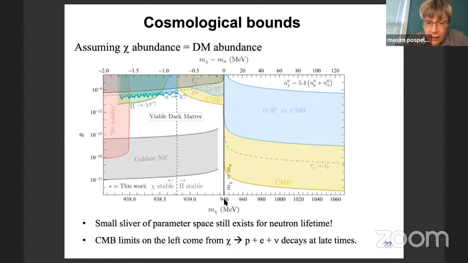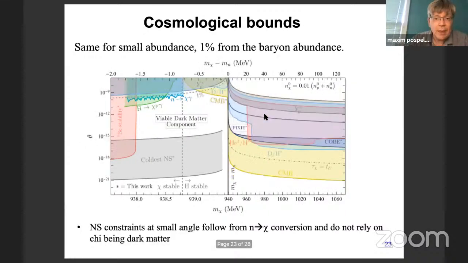Also, interestingly, there are constraints on chi particles that are heavier than the neutron, and that's because in that regime, these chi particles can decay to a neutron and a gamma, and that is again felt via CMB. Or if this happens at early times, then it's felt by the deuterium overproduction.